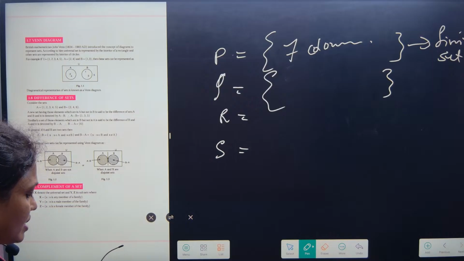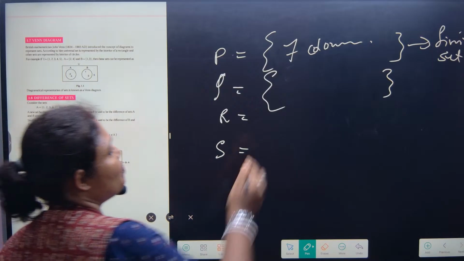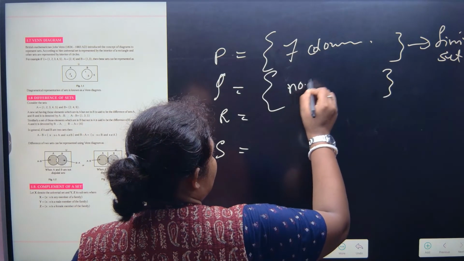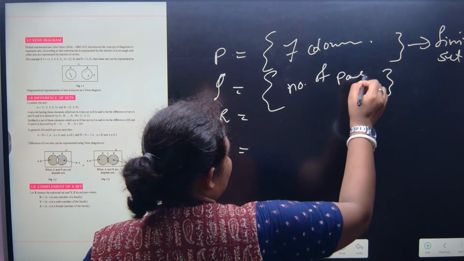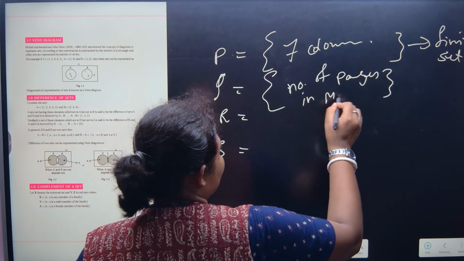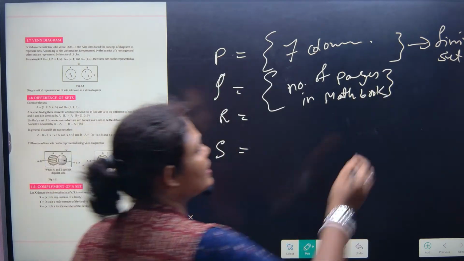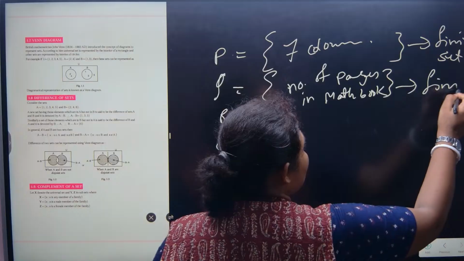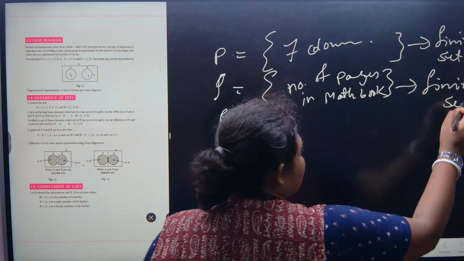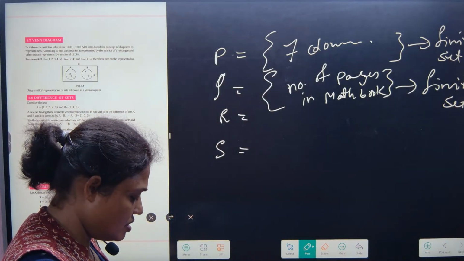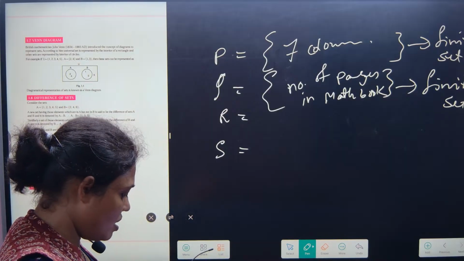Okay, and Q is the number of pages in a math book, right? So we can count it. So it is also a finite set, right?